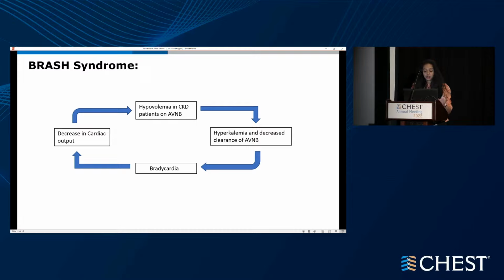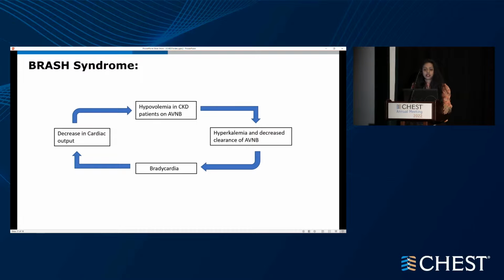Both hyperkalemia and decreased clearance cause a synergistic effect and cause bradycardia. This in turn decreases the cardiac output, causing hypotension and worsening AKI. So it develops into a vicious cycle.